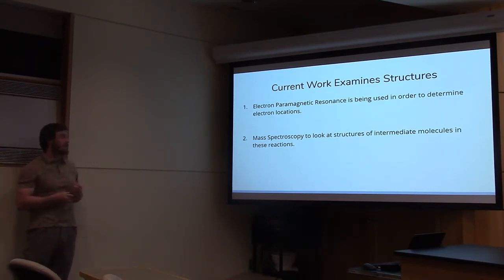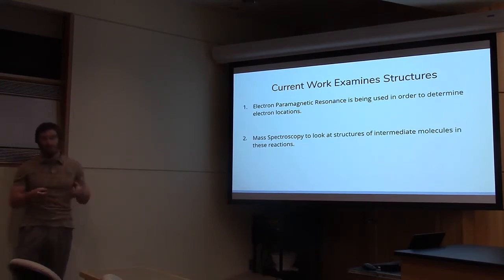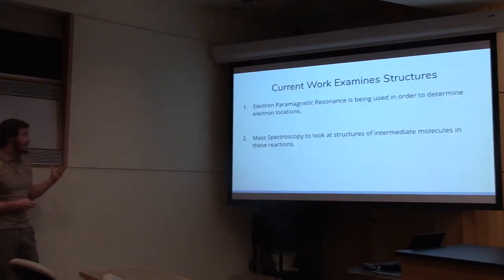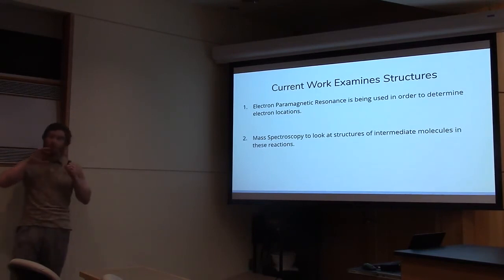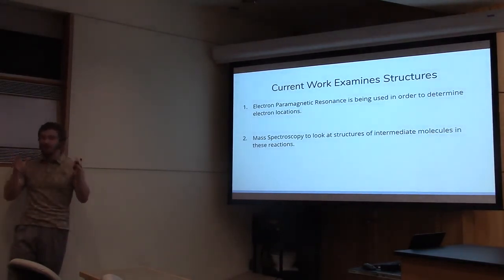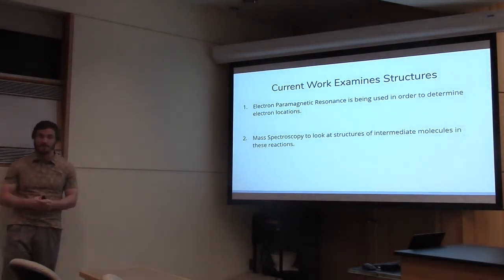They're using them to look for electron locations because, while I didn't specify this before, there are electrons moving around from different hemes in this reaction, and we want to see exactly where they're going, and also mass spectroscopy to see what kind of reactions are occurring from point A to point B that we may not be seeing.